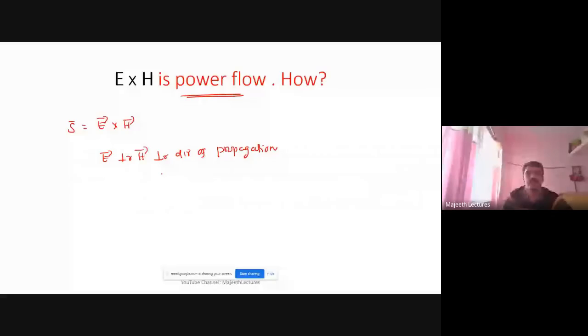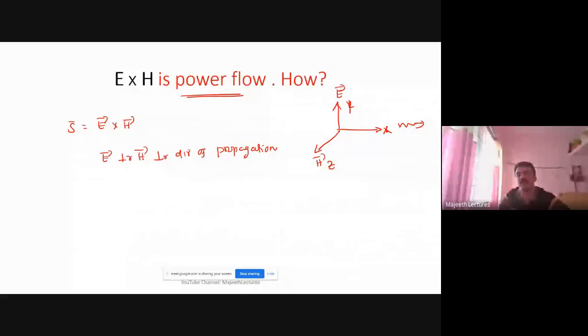For example, if the wave propagates in X direction, the electric field will be in Y direction. This is the direction of E. This is the wave direction, and the magnetic field will be along Z direction. That's what mutually perpendicular means.